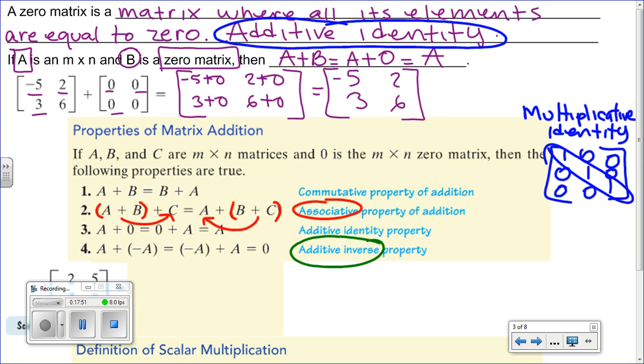That's what you were talking about, Amy, kind of. If you add a matrix to its additive inverse, or in other words, its opposite, all the elements with the opposite sign, then what are you going to get? 0. Wait, wasn't that Shelby who said that? Was it you, Shelby? Yes. Okay, Shelby, you take the credit.